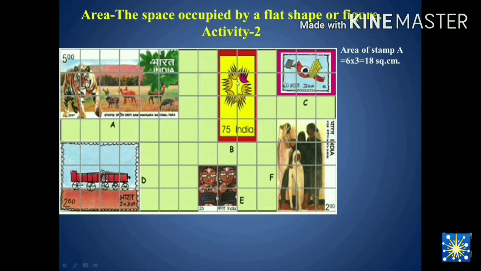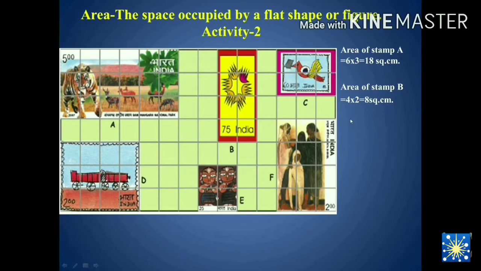Now the stamp B, count the squares 1, 2, then 1, 2, 3, 4. So we can write area of stamp B equal to 4 into 2 equal to 8 square centimeter. Now stamp C, 1, 2, 3, 1, 2.